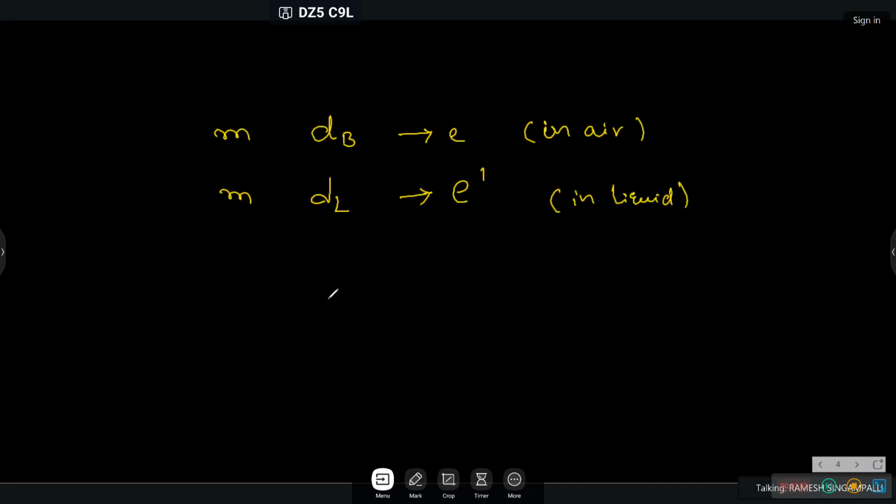Now the ratio of e dash to e is equal to 1 minus density of liquid by density of body. That's it.